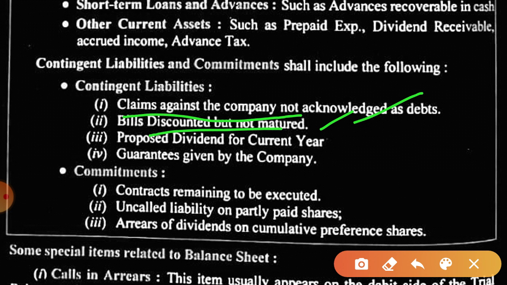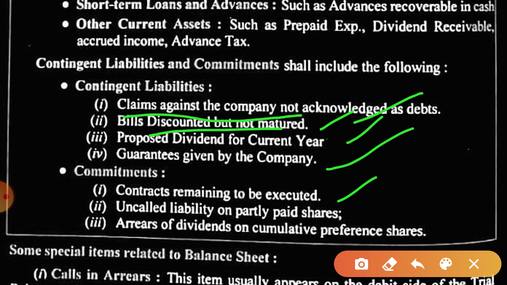Then proposed dividend for current year and guarantee given by the company. These are covered under contingent liabilities. And then commitment given by the company. Is this clear? Like contract remaining to be executed, as big companies give a commitment that we will finish the work on such and such a date, otherwise you can claim a certain amount.